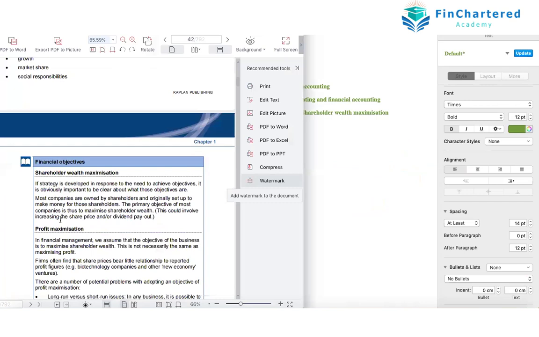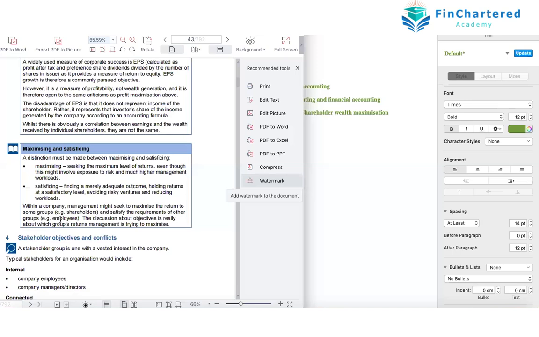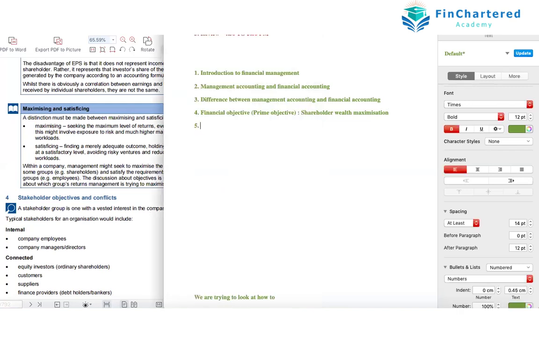Right? Now in this box, we have in more detail what is shareholder wealth maximization and all that. Right? Now I will tell you what is stakeholder objectives and conflict and who is a stakeholder. Many people, in fact, even working professionals feel that shareholder is equal to stakeholder.